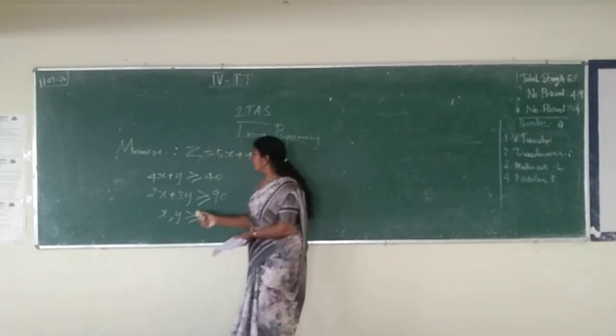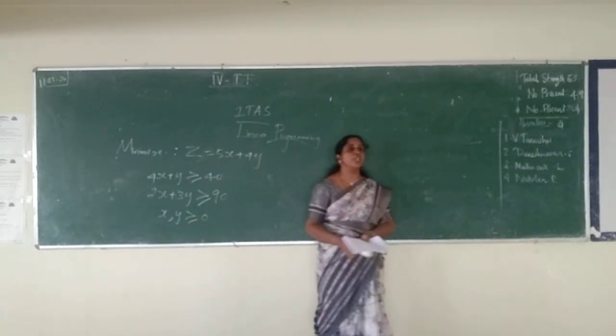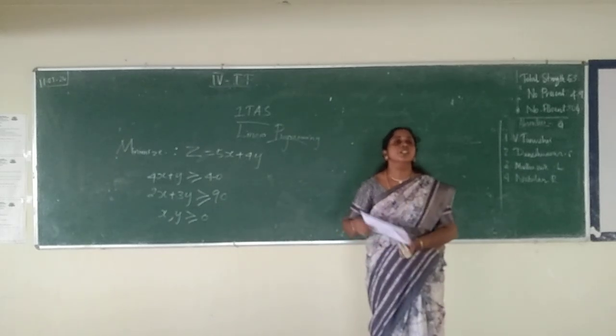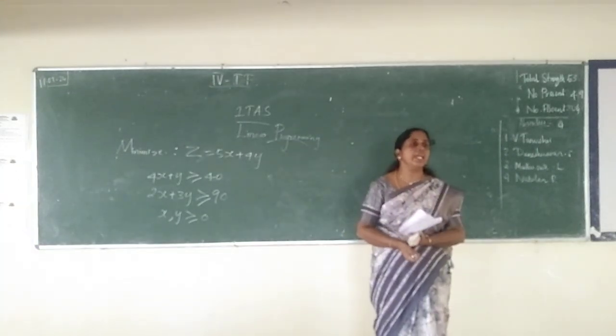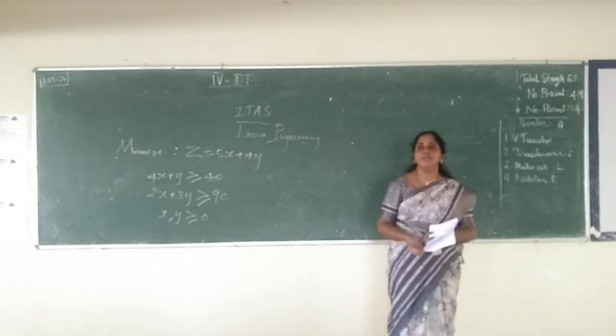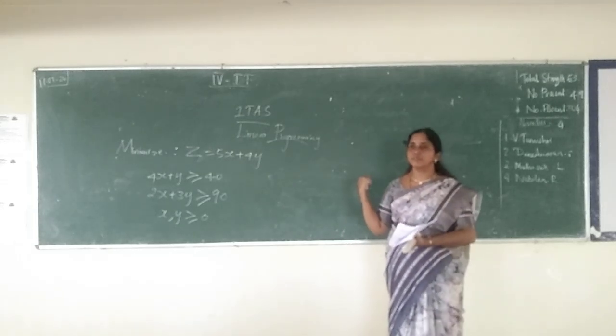So these are the constraints we are going to use to find the objective function z, or to provide the optimal solution for this problem.